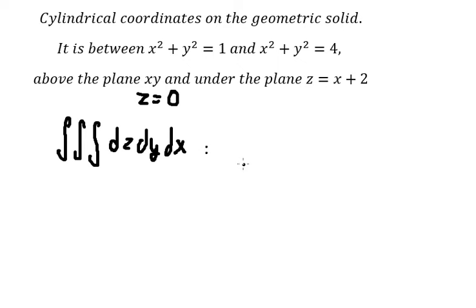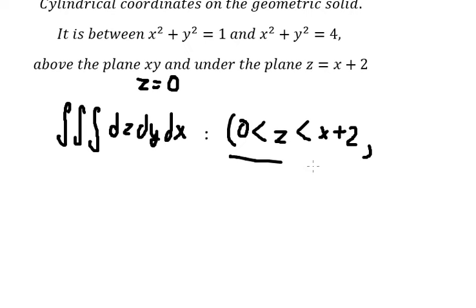So that means z should be greater than 0 and smaller than x plus 2. The next one, dy dx, we can do later in here. So we need to focus on this one.